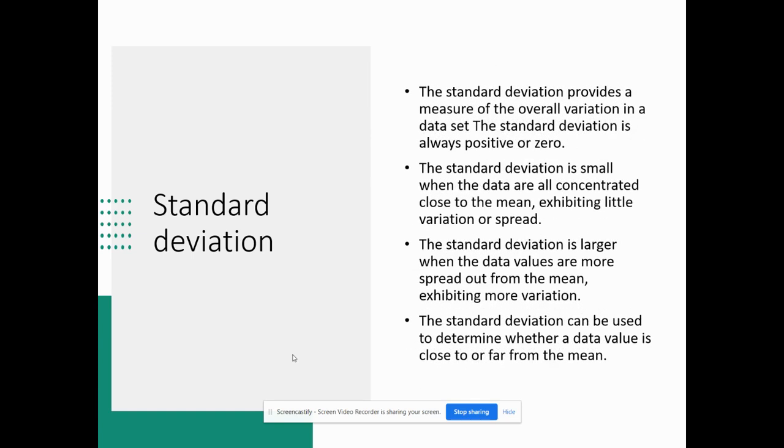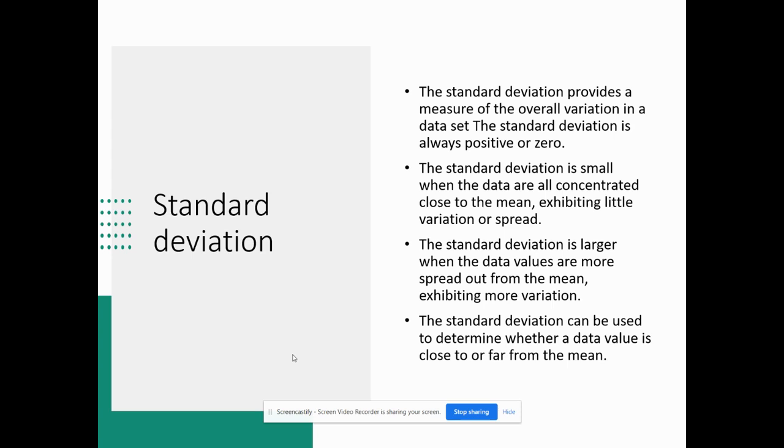So what we do is look at the mean and then look at my standard deviation. Say my mean is 10 and my standard deviation is 2. Whatever I do on one side of the mean, I have to do on the other.